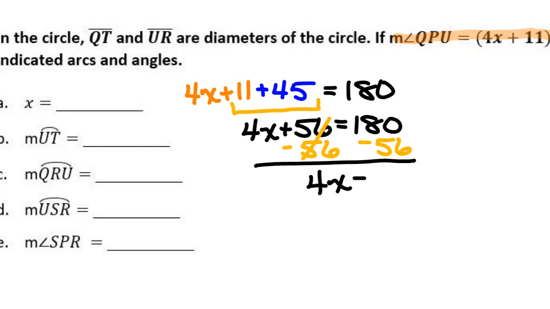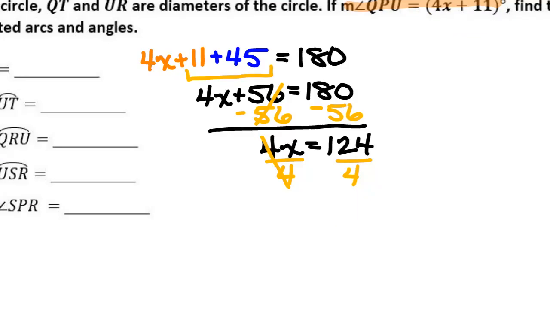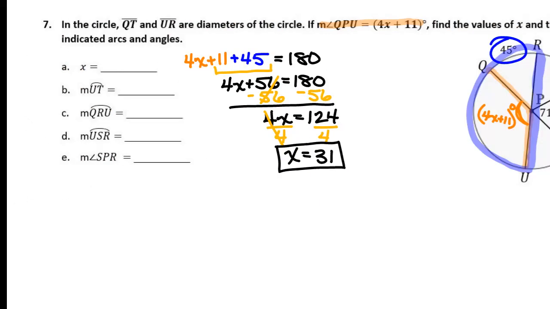So 4x equals 124. Then we divide both sides by 4. What do we get for x? 31. Not degrees, because we didn't find an angle. We didn't find an arc. We found something that makes up part of an angle, part of an arc. So we don't put degrees on that.